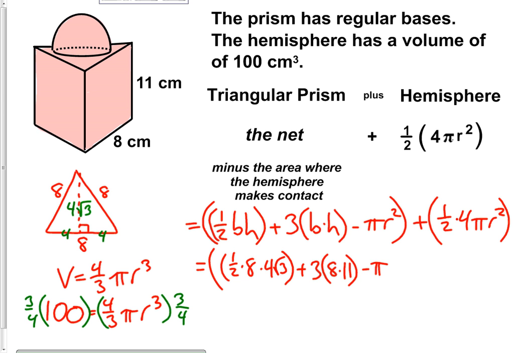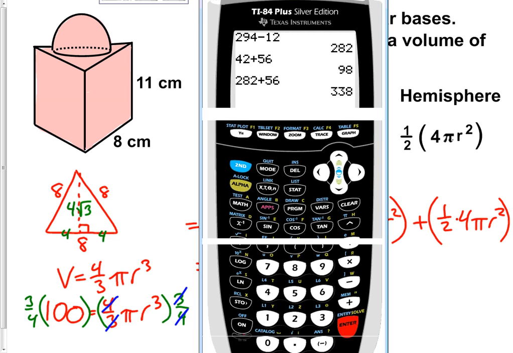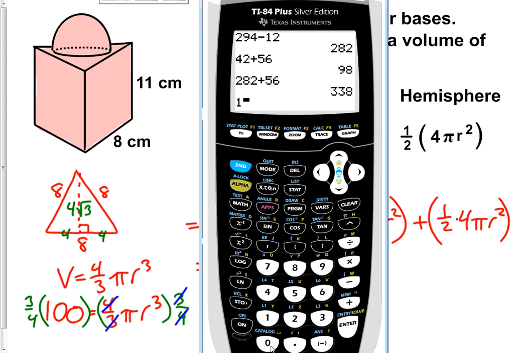That will cause the 3 in the numerator and the 3 in the denominator to cancel, the 4 in the numerator and the 4 in the denominator to cancel. And let's see what we have going on with this value. We have 100, which is multiplied by 3 but divided by 4. We have 75 on the left side of the problem here.